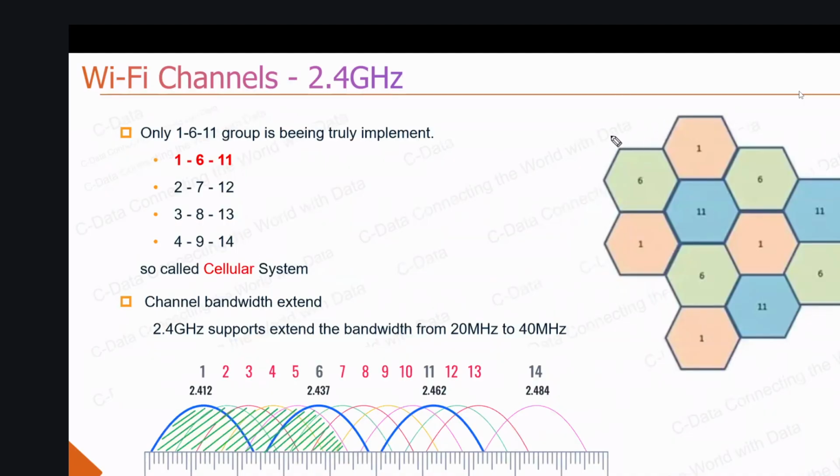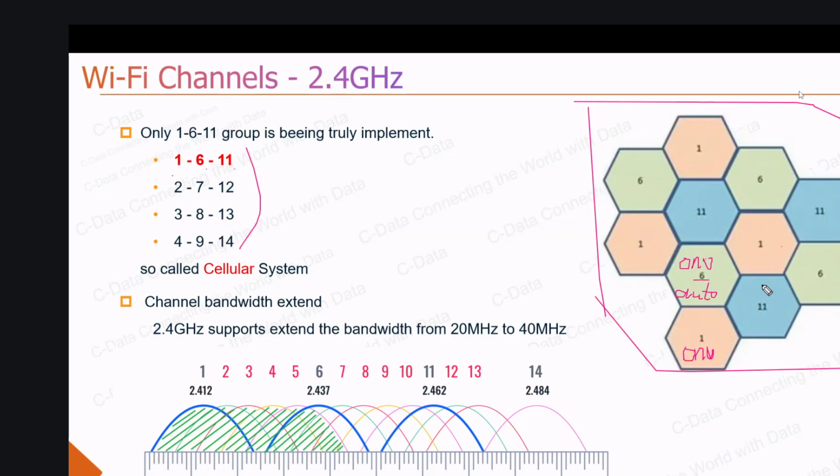So in one area, for example, I put the ONU here. If this ONU selects channel 1, then another ONU can automatically select channel 6.